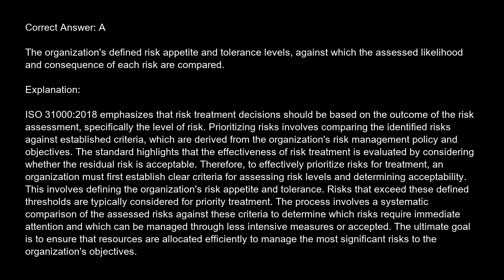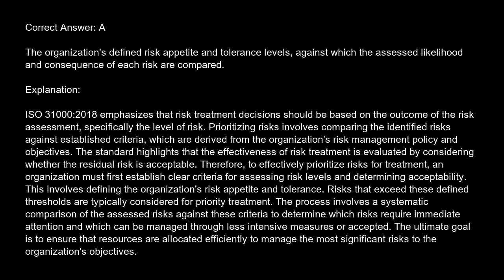and objectives. The standard highlights that the effectiveness of risk treatment is evaluated by considering whether the residual risk is acceptable. Therefore, to effectively prioritize risks for treatment, an organization must first establish clear criteria for assessing risk levels and determining acceptability. This involves defining the organization's risk appetite and tolerance.